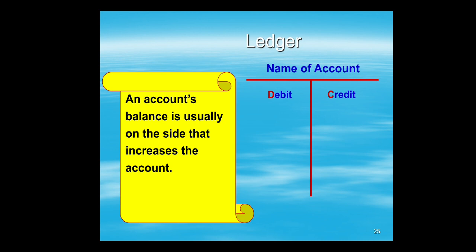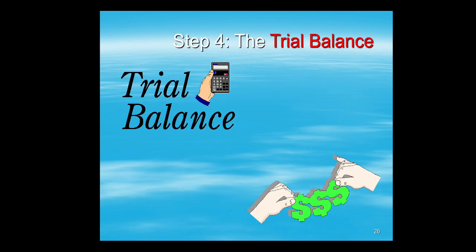You have to close the accounts and then calculate the balances for all accounts. Okay, after you have calculated balances for all accounts in the ledger, then you can do step 4 in the accounting cycle. Step 4 in the accounting cycle is called preparing a trial balance.